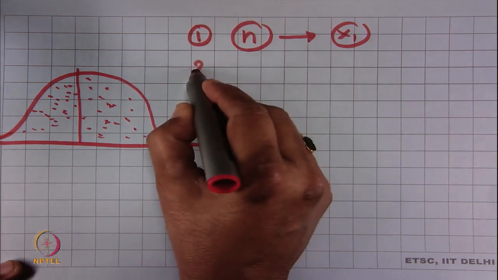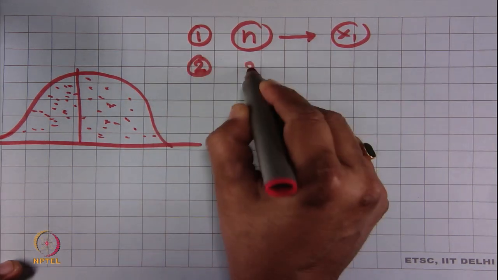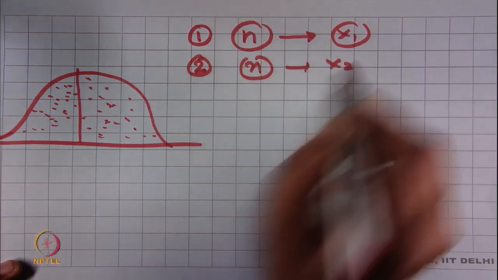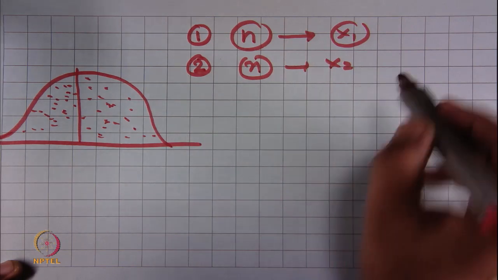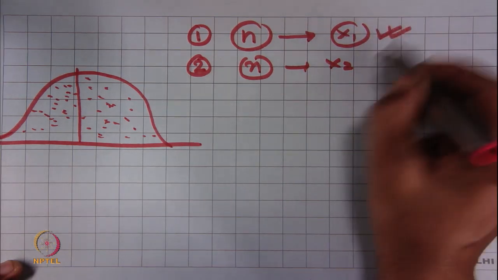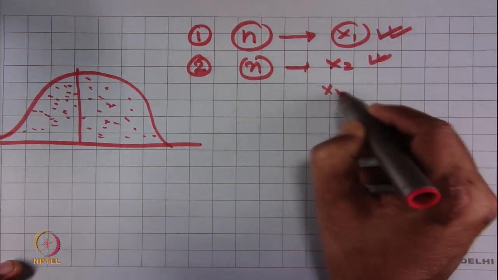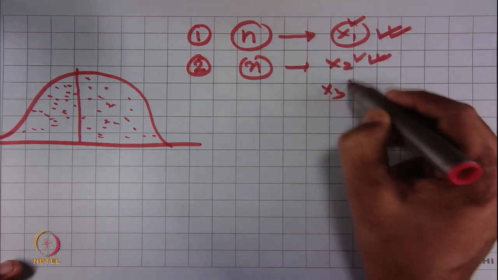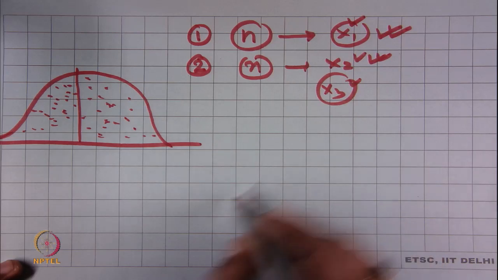Similarly, another n data gives x2, and this is the mean of the sample x3. These are the means of samples.